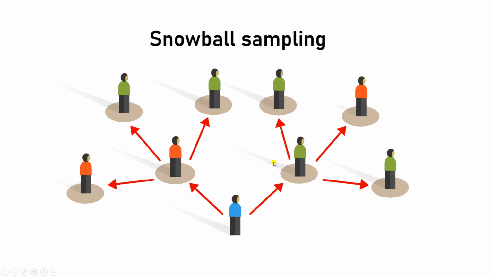We go to them individually, collect information from both of them, and then ask them about any other person they know about who are having STD. So this person also identifies three more, this person also identifies three more. So like this the chain goes on. So this is known as snowball sampling or network sampling.